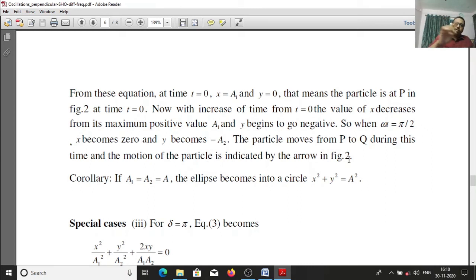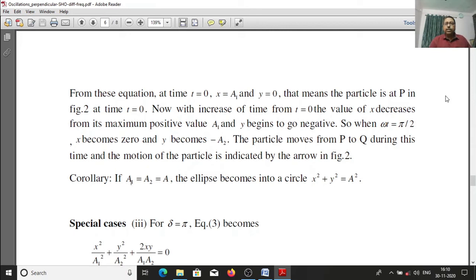That means the movement of the particle is in the clockwise direction along the ellipse.